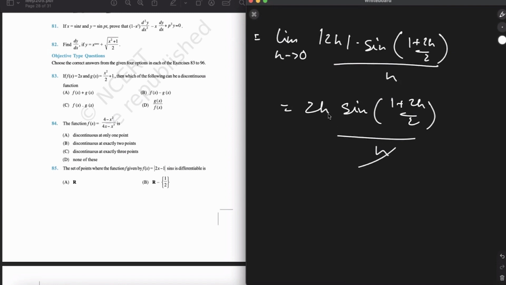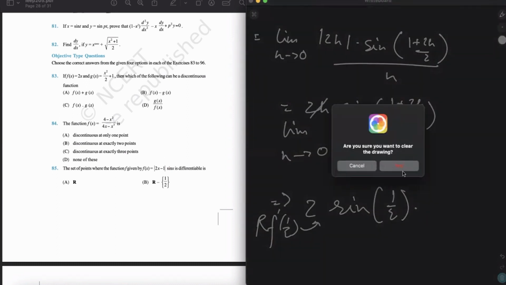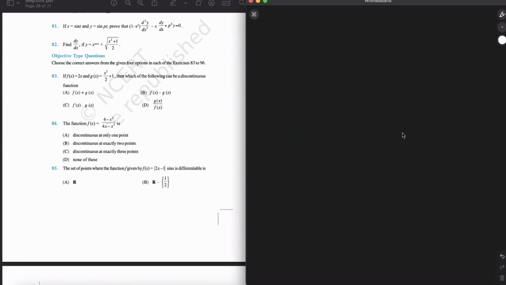So when h is tending to 0, I can write it as 2 sine 1 by 2. Alright, this will be my answer for the right hand derivative of half. Now, if I find the left hand derivative of half and they both come to be equal, then we can say that the function is differentiable at that point.